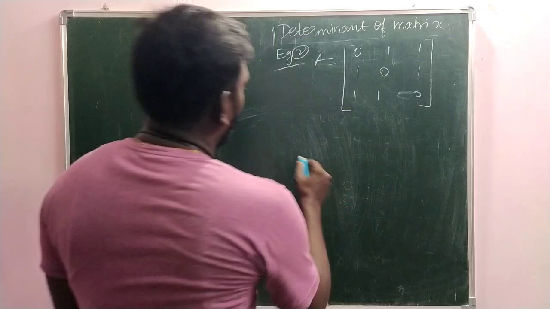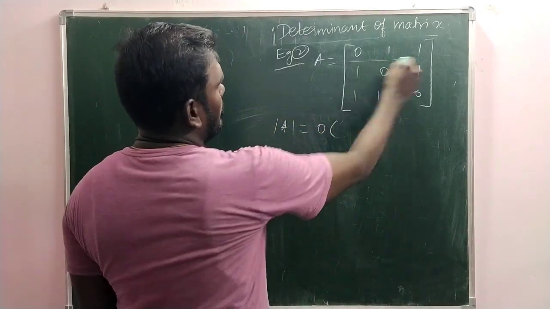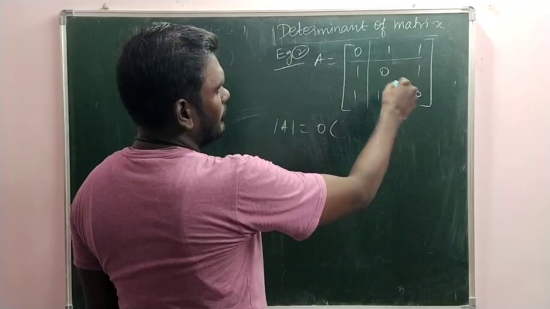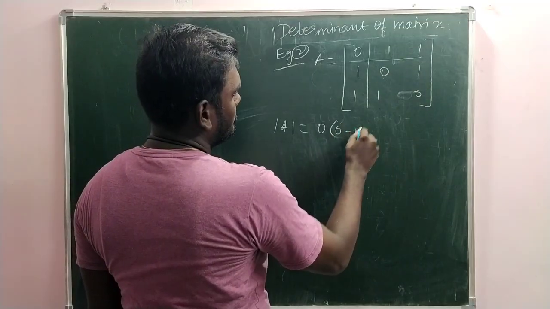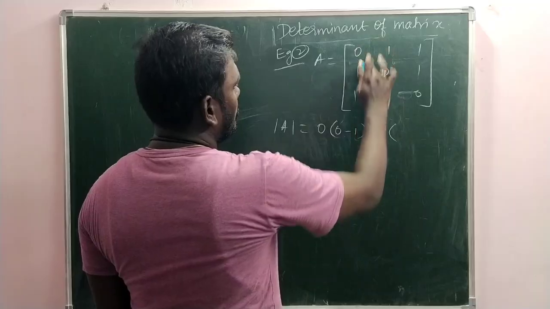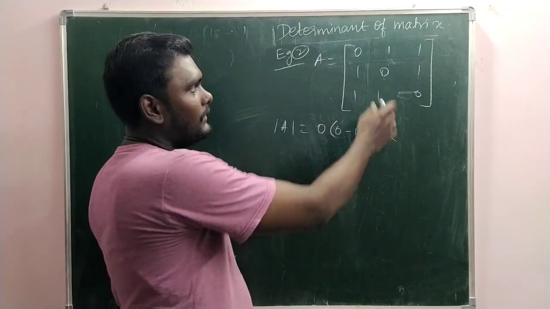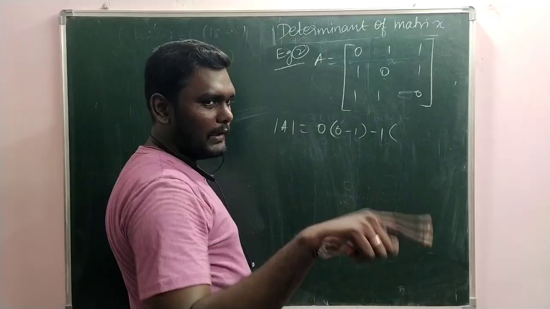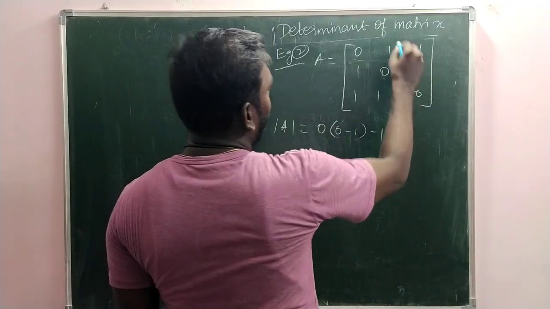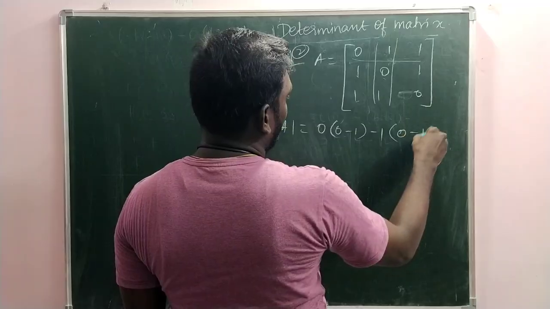See, the determinant of A is 0 into the minor of this 0, so 0 minus 1. And minus 1 into the cofactor of this 1. I kept minus 1 because this place sign is negative, the cofactor sign is negative. So leaving the row and the column, 1 0 is 0 minus 1.